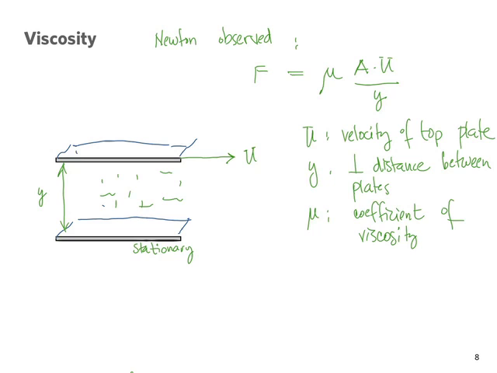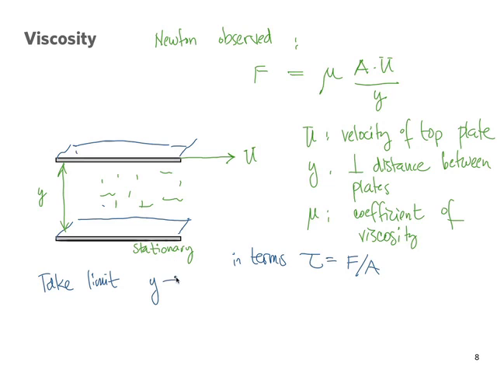Now, in modern engineering, instead of the force, we use the shear, tau, which is equal to force divided by area. We introduce the shear to write, and also we take a limit: we imagine that these plates really are two very thin layers of fluid, and we want to look at two layers of fluid very close to each other.